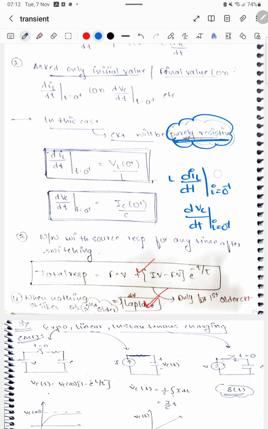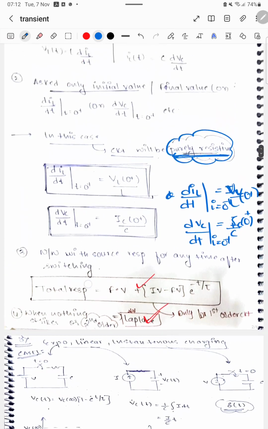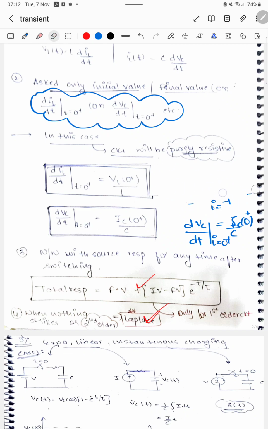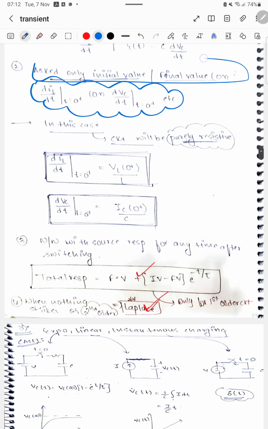Now we know L di by dt is nothing but VL, so we should be finding VL upon L at 0 plus. Similarly for VC, IC of 0 plus upon C. Okay, this model is very important. Usually you write change of voltage, change of current to be 0, but when it is 0 plus, in that case never forget to take VL by L or IC upon C. Very important model this is.